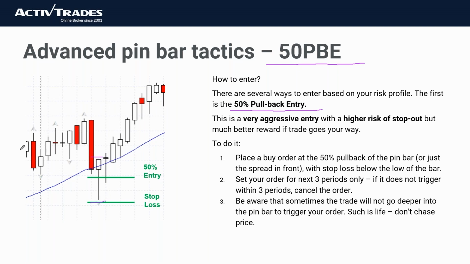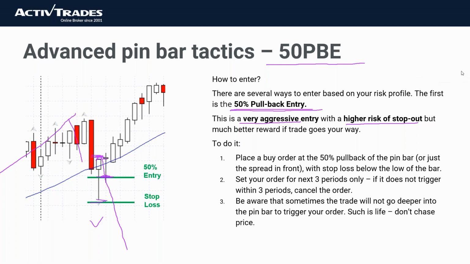So when price is in an uptrend and it pulls back, and I have a pin bar here, normally I would enter on the break of the candle, but actually I'm going to be very aggressive and have my entry just in front of the 50%, the halfway point of that particular candle. It's very aggressive, and there is a higher risk of being stopped out because price might trigger you in and continue down. So you have to accept that.